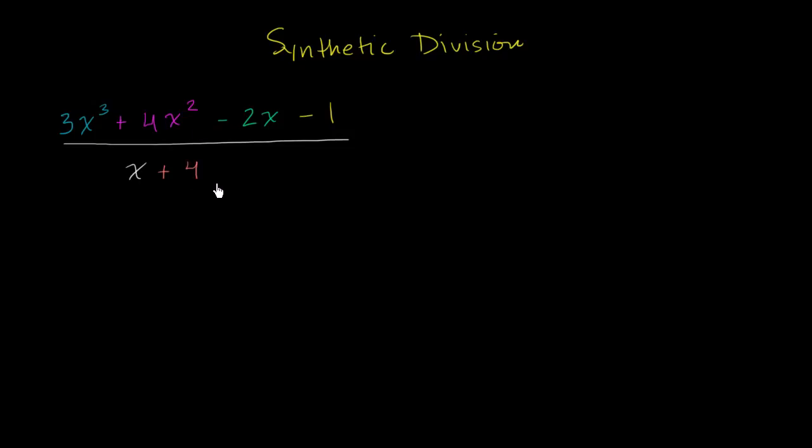Before we start, there's two important things to keep in mind. We're doing the most basic form of synthetic division. And to do this most basic process, you have to look for two things in this bottom expression. The first is that it has to be a polynomial of degree 1. So you have just an x here. You don't have an x squared, an x to the third, an x to the fourth, or anything like that.